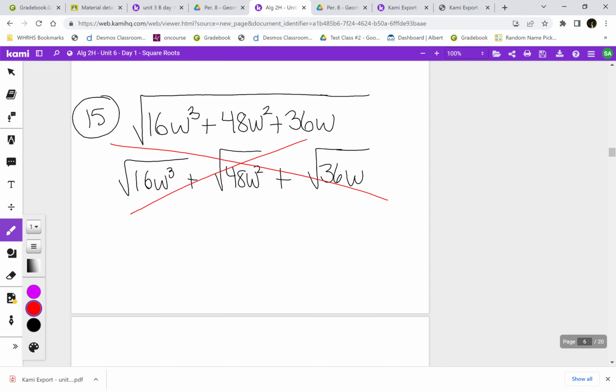4W. So now this becomes 4W times 4W squared plus 12W plus 9. Do we agree?